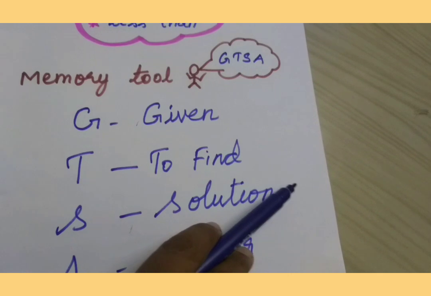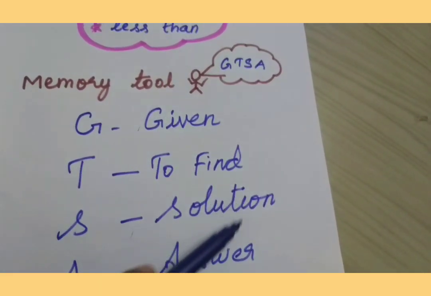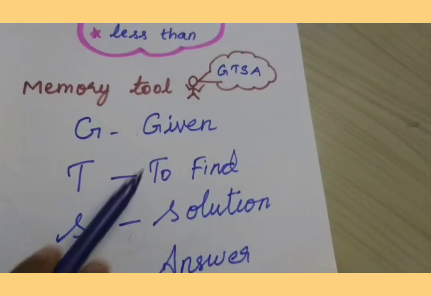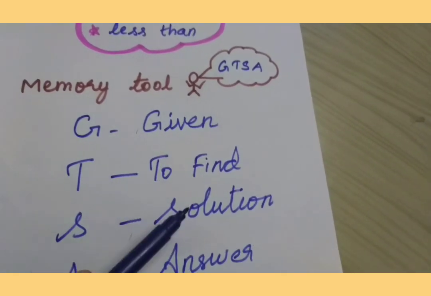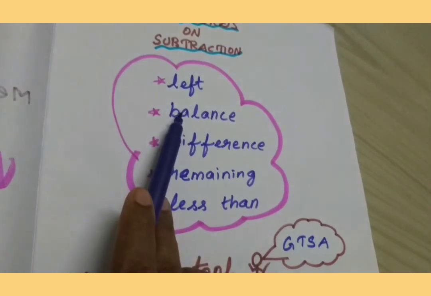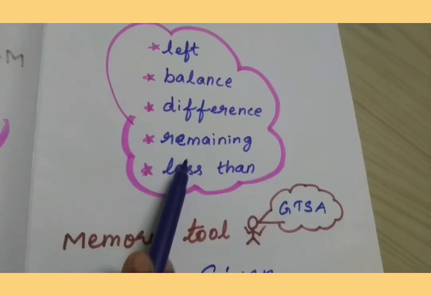S-O-L-U-T-I-O-N. Solution. So what are the headings under each statement sum? Given, to find, solution, answer. And what are the keywords? Left, balance, difference, remaining, less than.